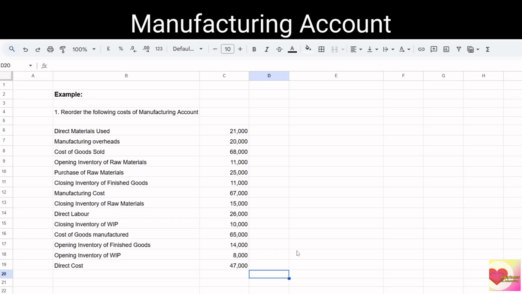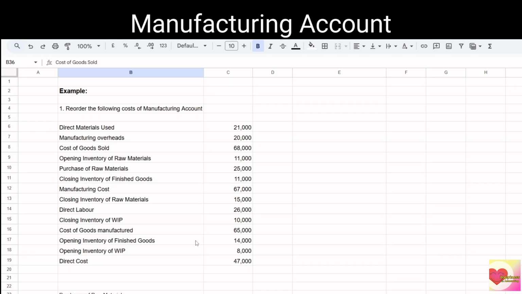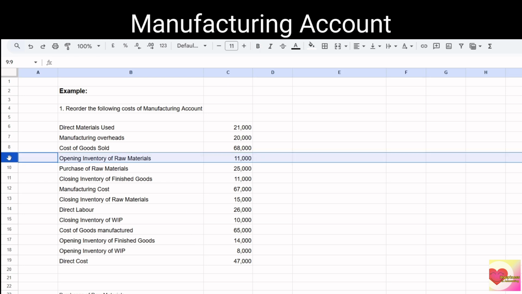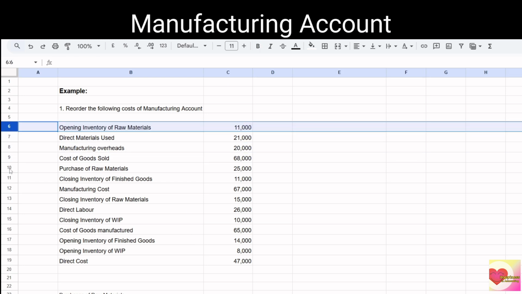So we have here an example of manufacturing account to practice what we have learned so far. Now that we know the correct order, we can now reorder the manufacturing account.